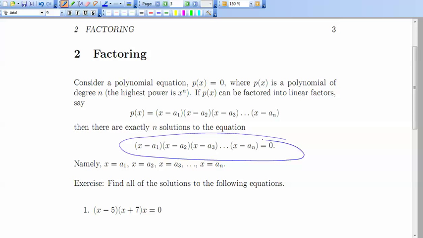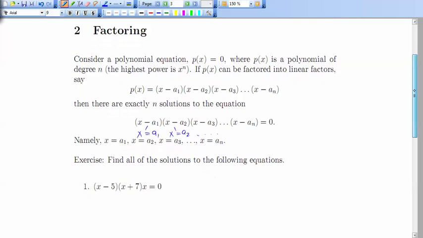Well, if the product of many things is 0, then one of those factors must be 0. And you can consider each possibility. In the first factor, x could equal this mystery number a1. If the second factor was 0, that would mean that x is equal to a2, and so on. Okay? So we can get our solutions very quickly that way.